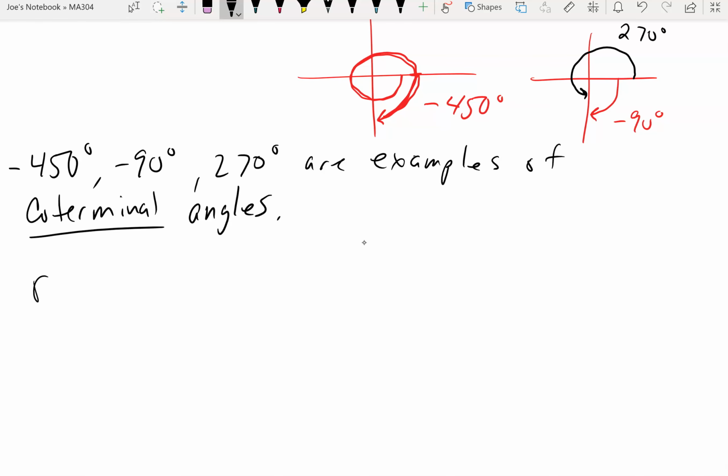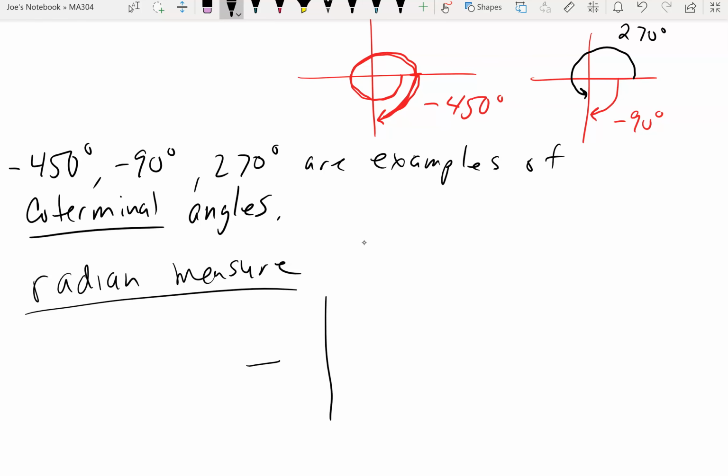All right. So, to talk about radian measure, if we talk about a circle, and we have an angle in standard position, it cuts off a piece of the circle, right? Okay.